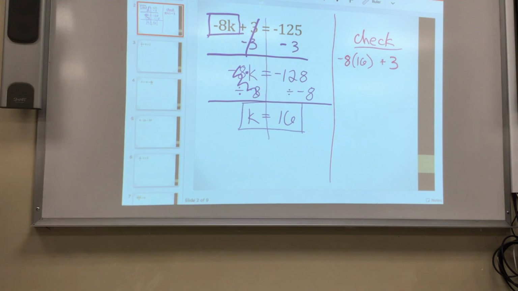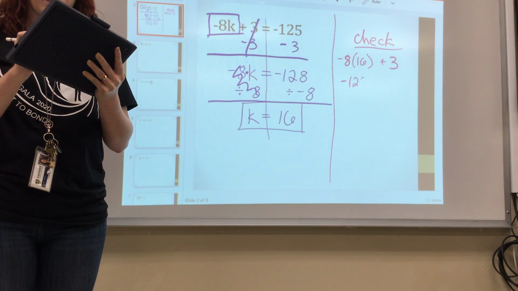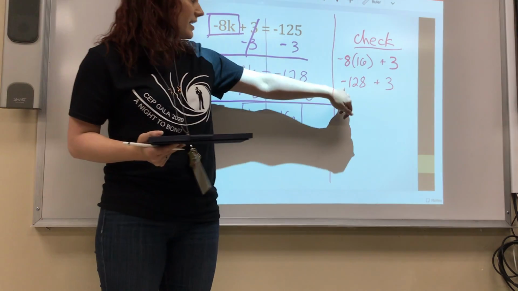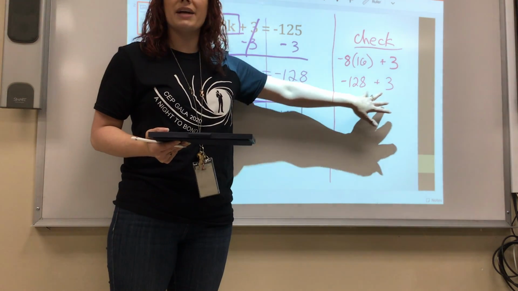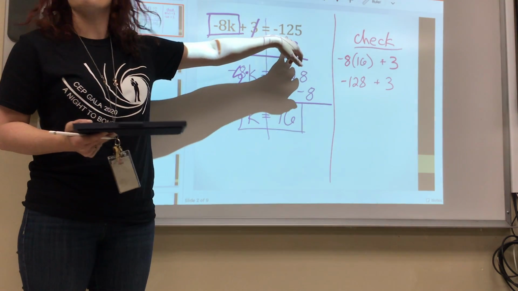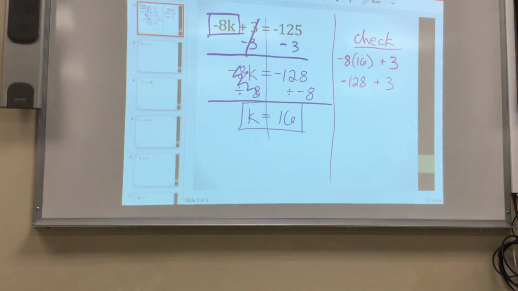So what was 8 times 16? Negative 128. And then we have the plus 3. Since that's a negative and that's a positive, don't I have to subtract my numbers? 128 minus 3 is negative 125, like I need it to be. So the checks are usually pretty fast and pretty easy, and now you know for sure you're right.